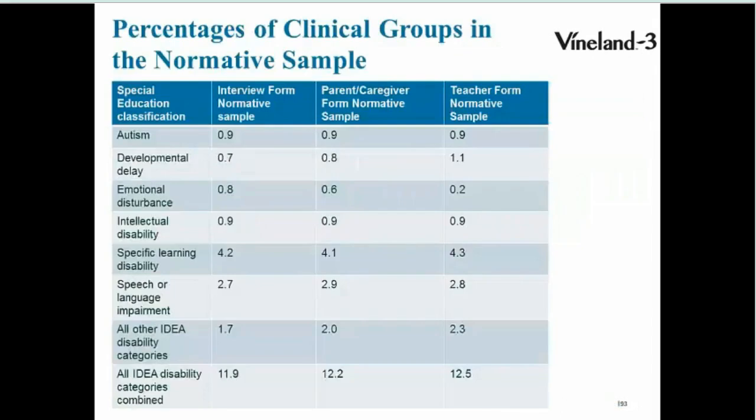Within the norm groups, including typically developing children, but also including children with autism, general developmental delay, emotional difficulties, intellectual disability, learning disabilities, speech and language impairment, and then other disability categories as well. So these clinical groups have been included in the norm sample as well.